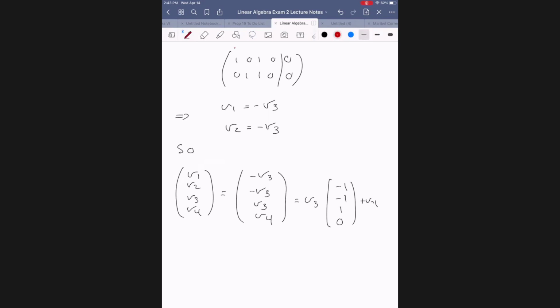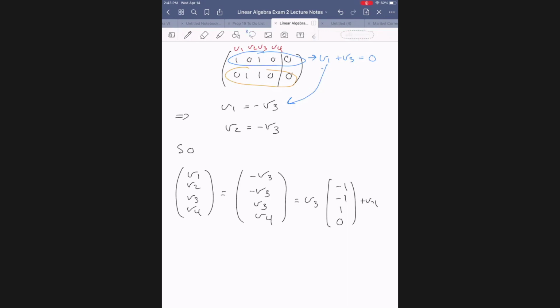You just solve them, right? That first row gives me V1 plus V3 is equal to 0. Solve for it and you get that right there. And then the second row you get V2 plus V3 equals 0. So you get that.